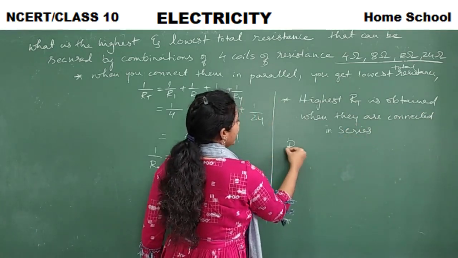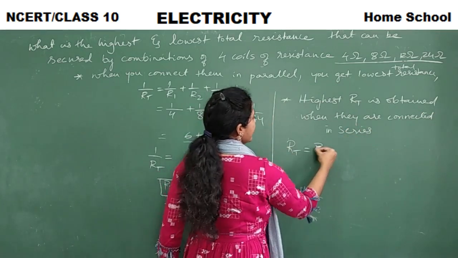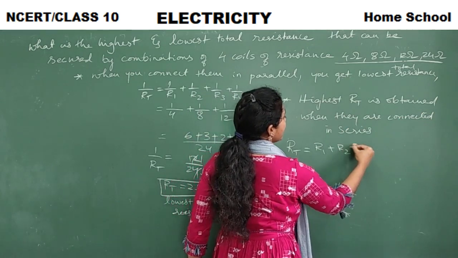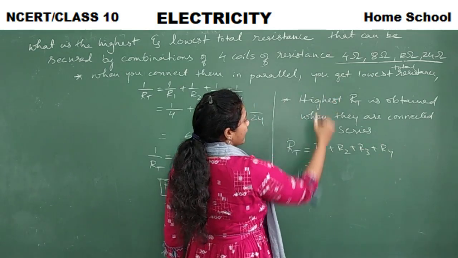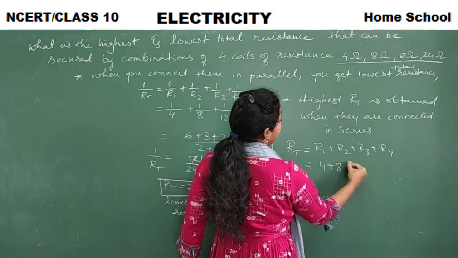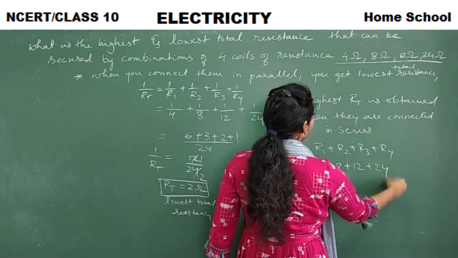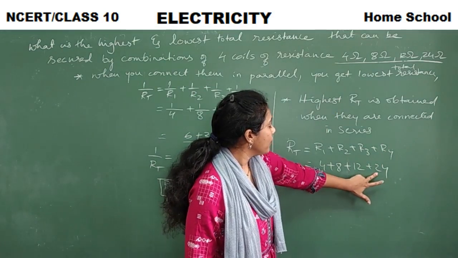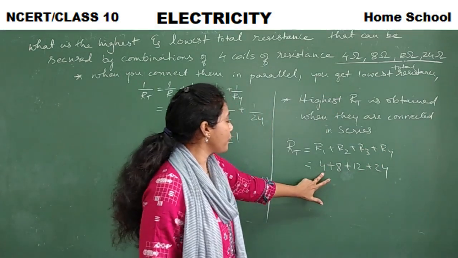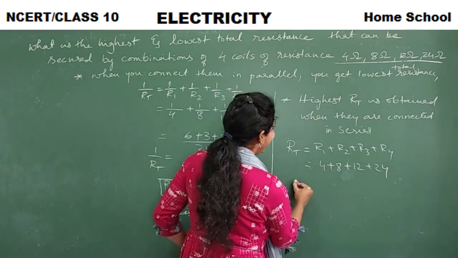Okay, so how do you calculate total resistance in series? R1 plus R2 plus R3 plus R4, isn't it? So what are your values? 4 plus 8 plus 12 plus 24. So 20 plus 24 is 44, 44 plus 4 is 48, isn't it?